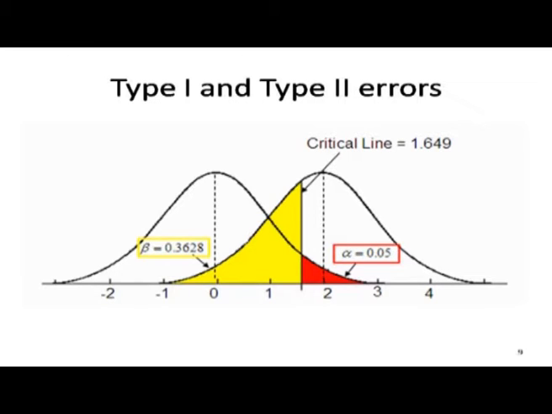This yellow area is the probability of accepting the null hypothesis, because this is on the left hand side of this point. So, you are accepting null hypothesis, but it is possible that these values are part of distribution under the alternative hypothesis. It is a matter of possibility.